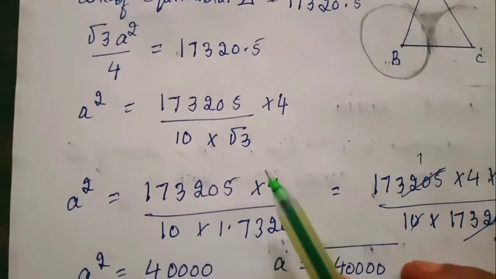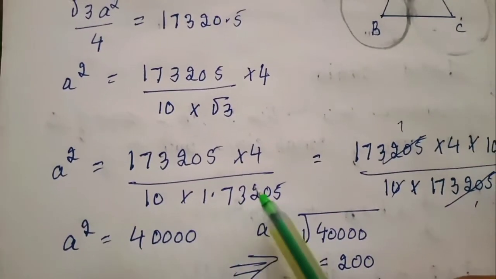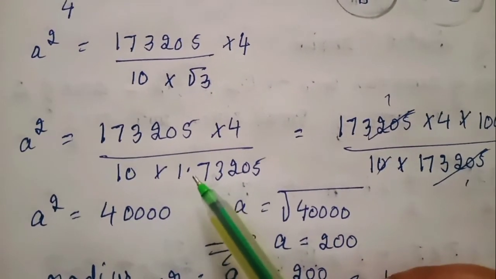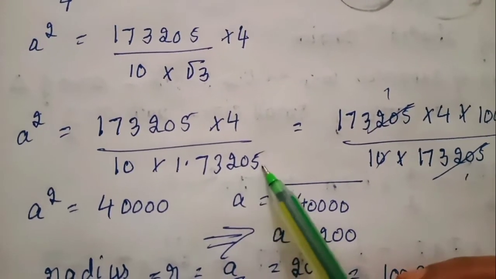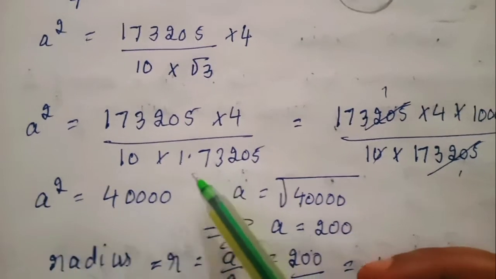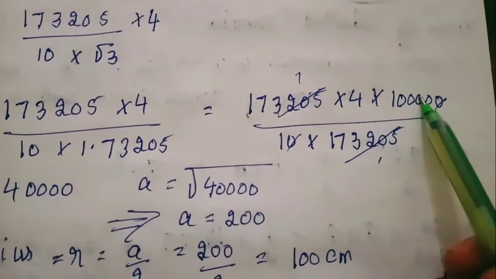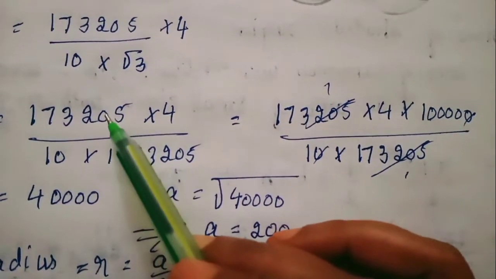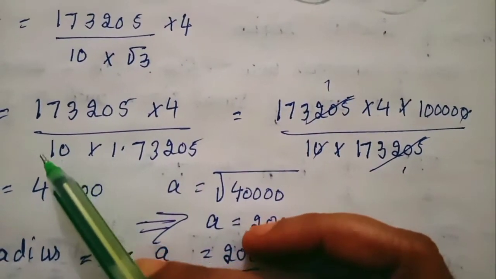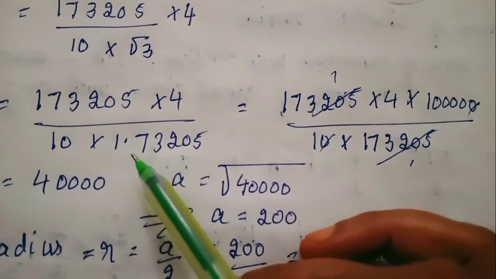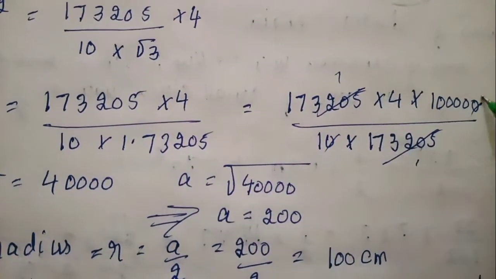Substitute the root 3 value here. A square equals this, and when you remove the point here, you can observe after the point you have 5 zeros. So when you remove the point, you can write 1 lakh in the numerator. When you have a decimal point in the numerator, tens and hundreds come in the denominator. But when you have a decimal point in the denominator, that goes to the numerator.